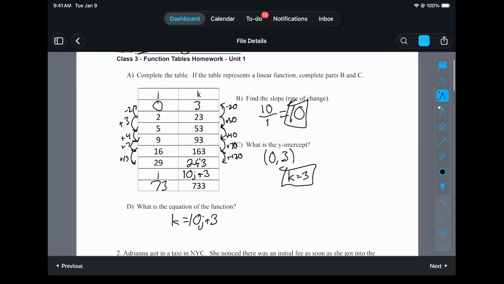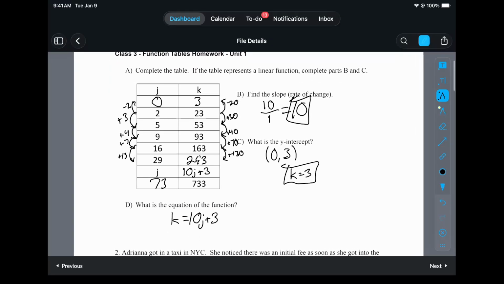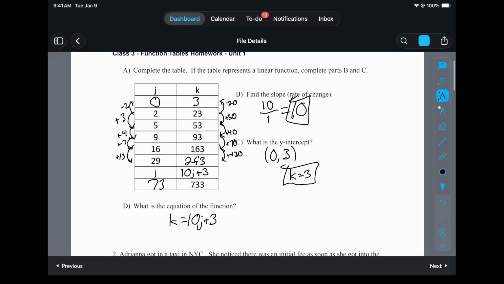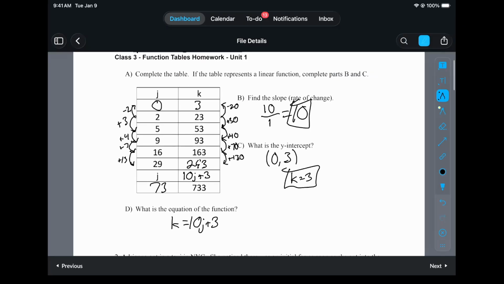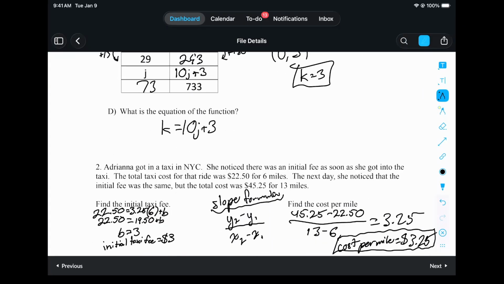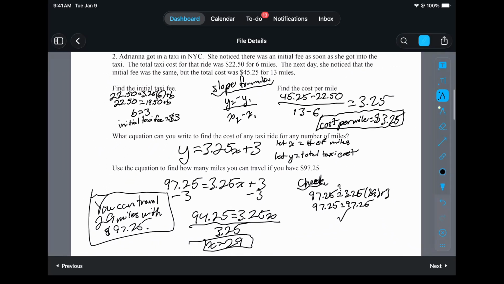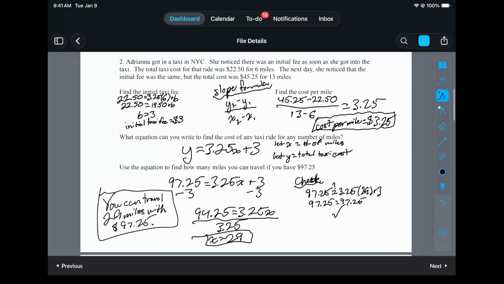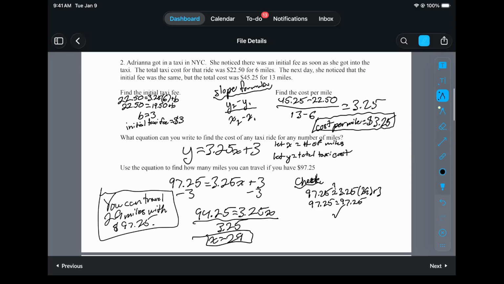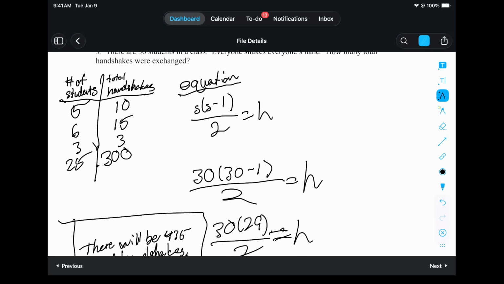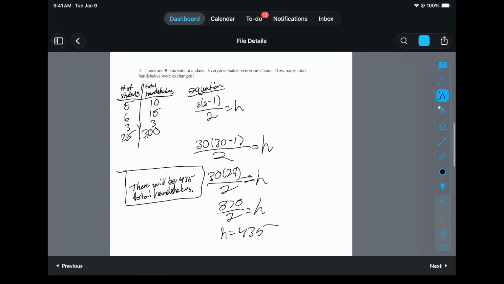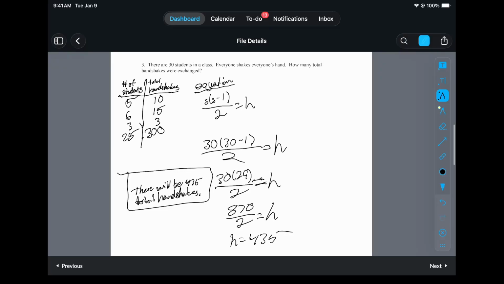So a quick look. Here was problem 1 with the function table, the slope, y-intercept, and the equation. Here is problem 2, the whole taxi cab scenario in New York City. And here is problem 3, the handshake exchange.